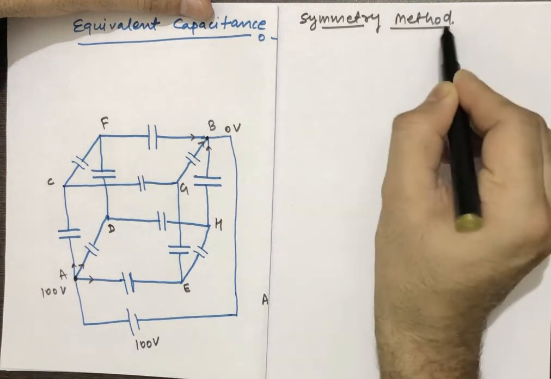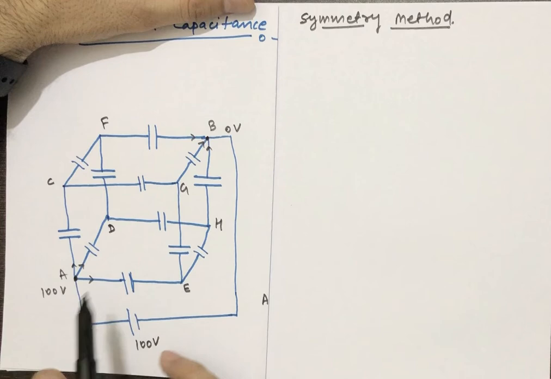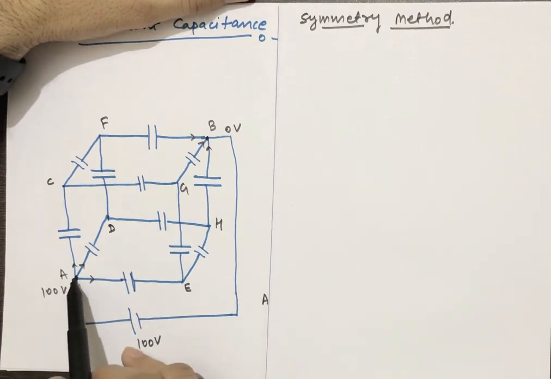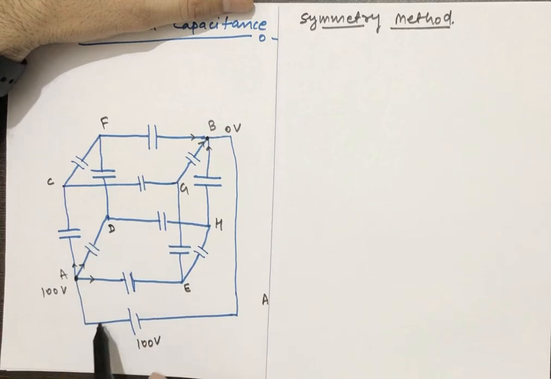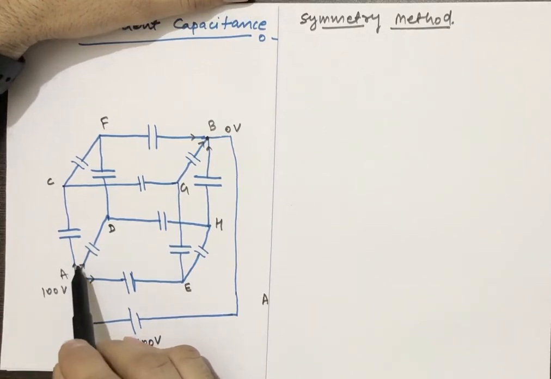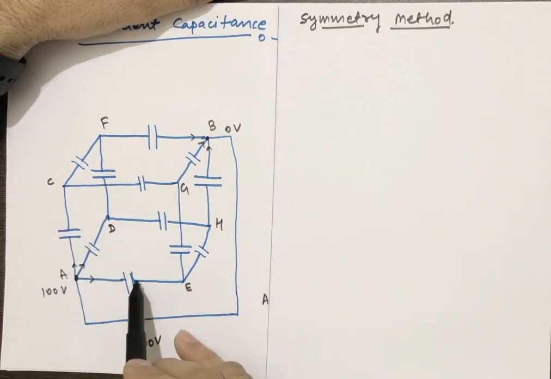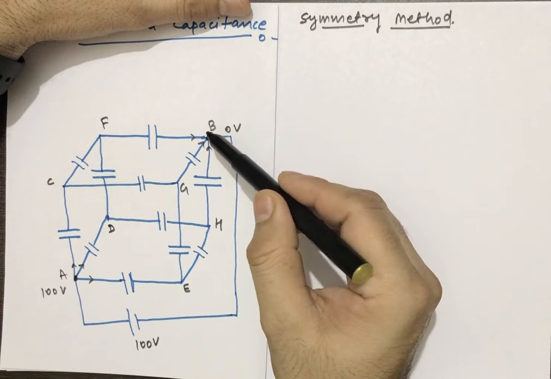In this method, we use the symmetry of the given circuit. If you see from point A, there are three inputs. This is one input from the battery, and from A the charge gets distributed into three branches. And this is the B point where we collect the whole charge, right?